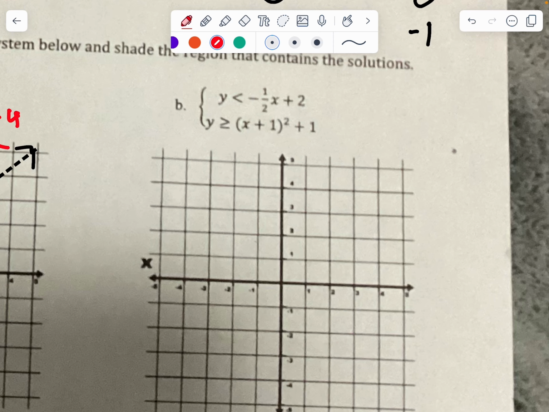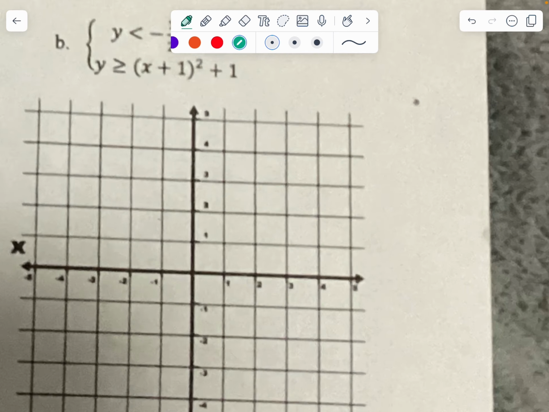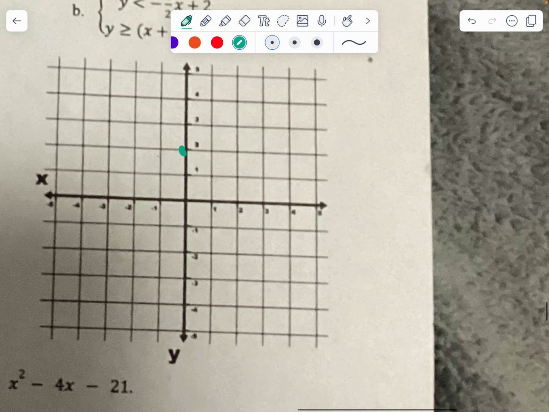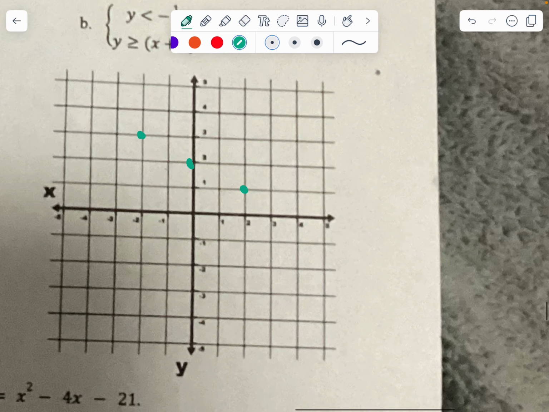Next one, graph into a different color. This one is not equal to, so I need the dash. Look like that.